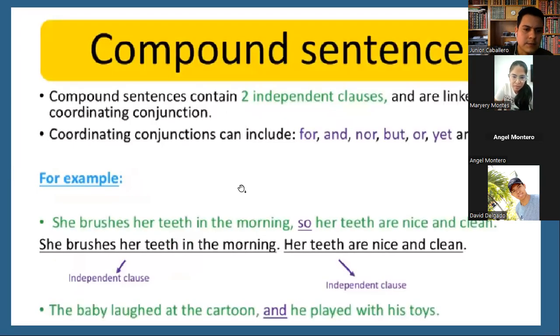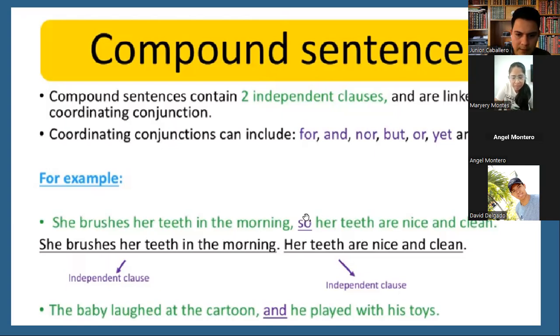Now let's see examples of compound sentences. She brushes her teeth in the morning, so her teeth are nice and clean. Look at this example. She brushes her teeth in the morning. ¿Será dependiente o independiente? Independent, porque puede ir sola.